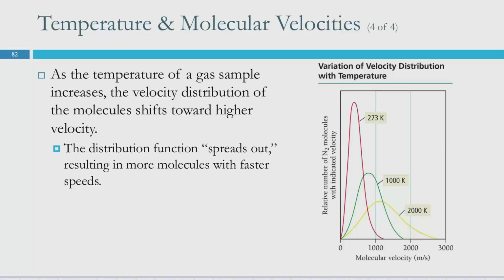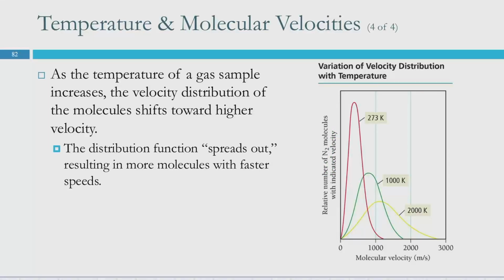We can also look at one gas and how its velocity distribution or its speed distribution changes with temperature. So we've got velocity distribution as a function of temperature. We're looking at different temperatures. So we've got, again, molecular velocity, the speed of our particles, on the x-axis. And now we've got nitrogen molecules, and the number at that velocity.